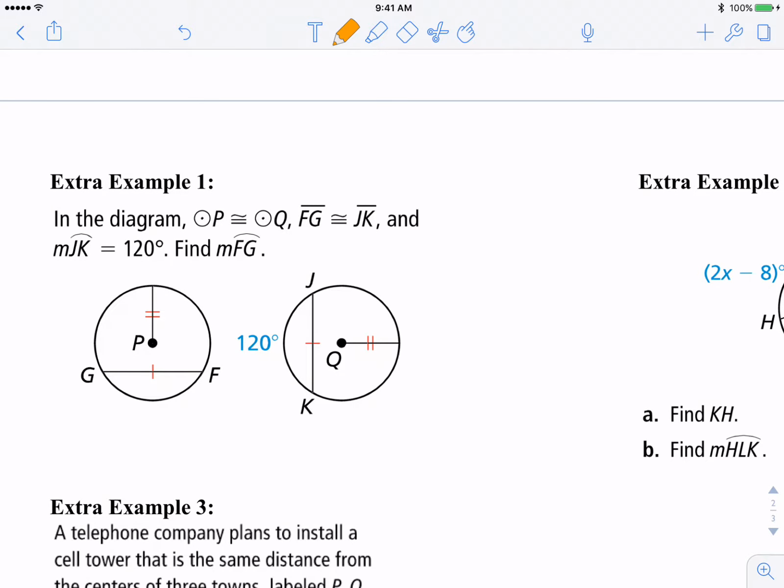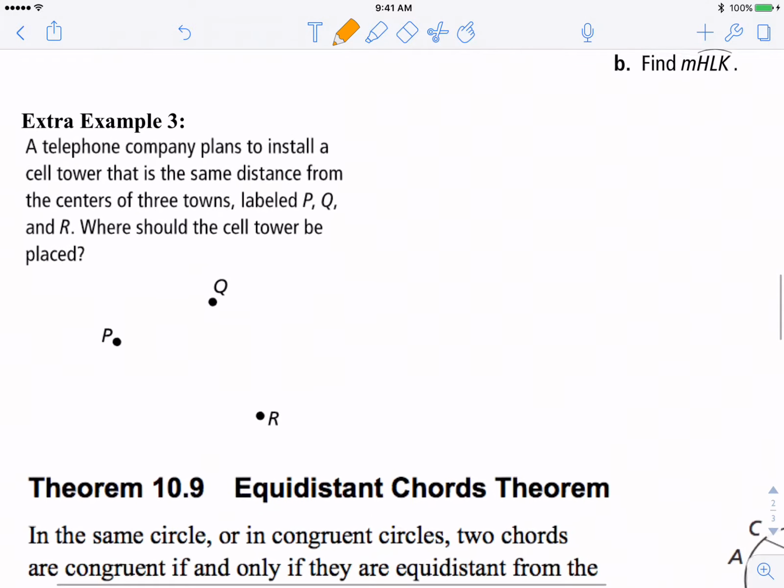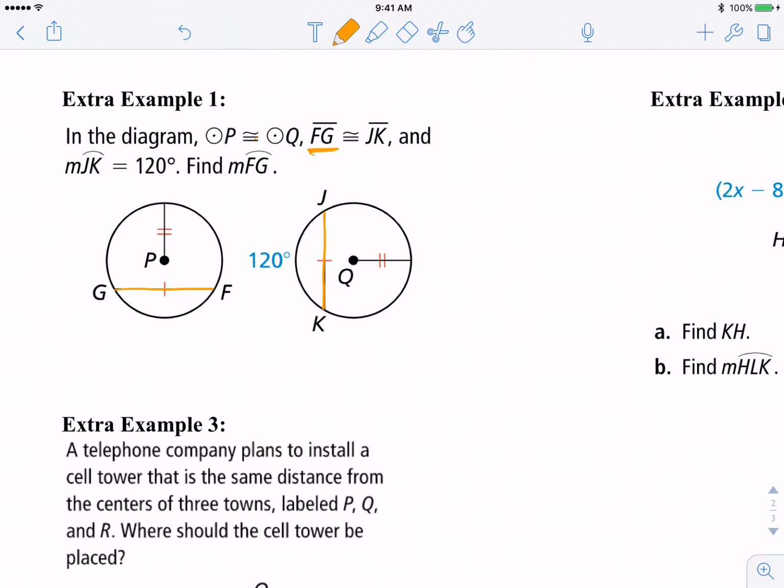Let's go ahead and use some examples. In the diagram, circle P is congruent to circle Q, so I have two congruent circles. Segment FG is congruent to segment JK. We know the measure of arc JK is 120 degrees.